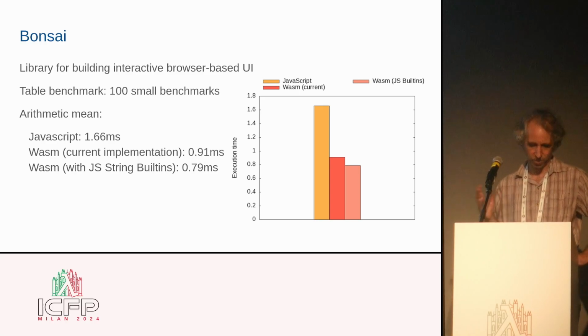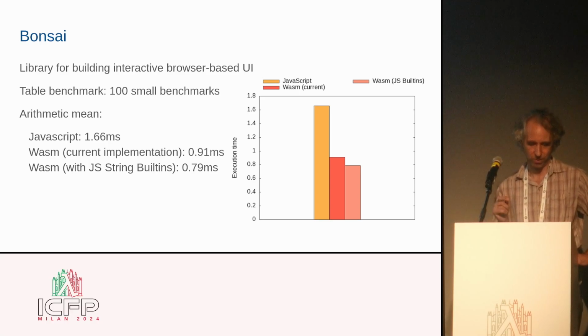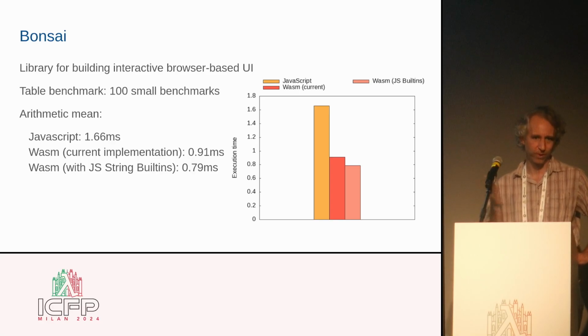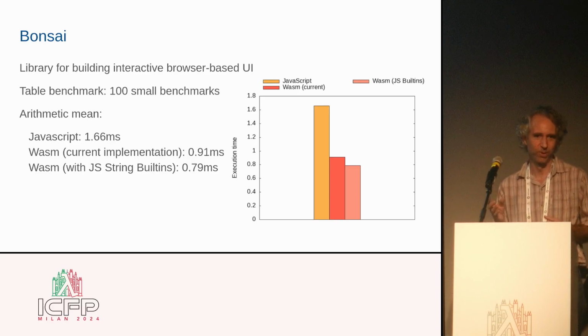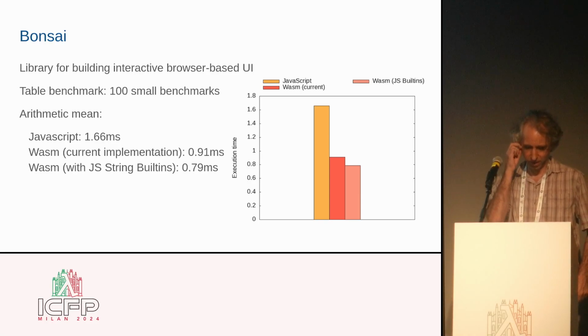Another benchmark I've used is a library for building interactive UIs. They have an implementation of a table of numbers with a lot of small benchmarks. Jane Street cares a lot about it because they want to display a lot of numbers rapidly. And again, the WebAssembly implementation is much faster than JavaScript.